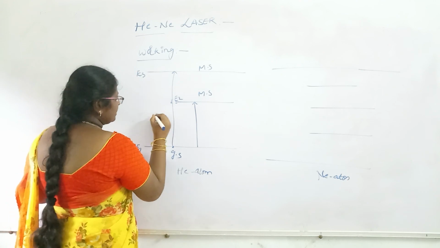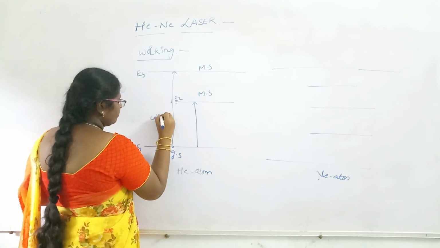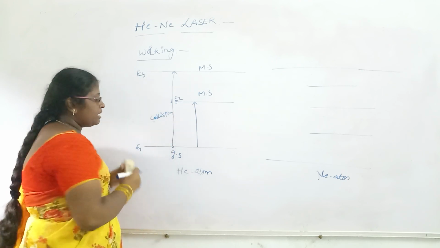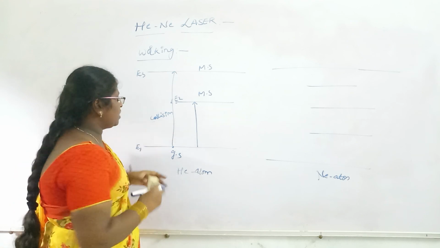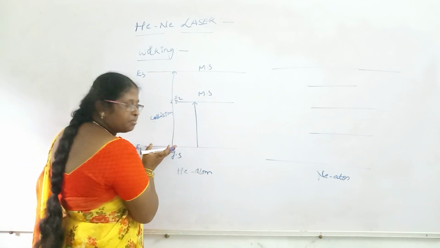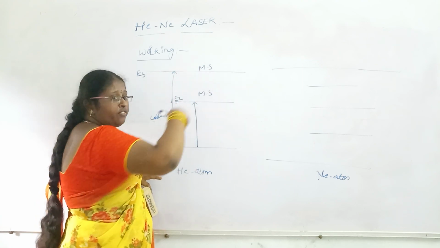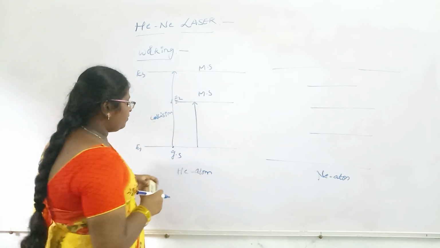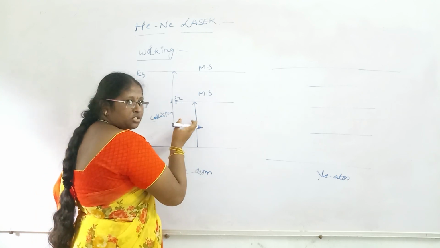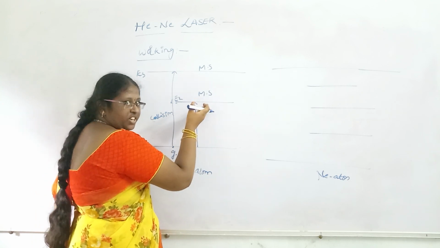The atoms jump from the ground state to the metastable states, and the remaining atoms also jump to the metastable states.